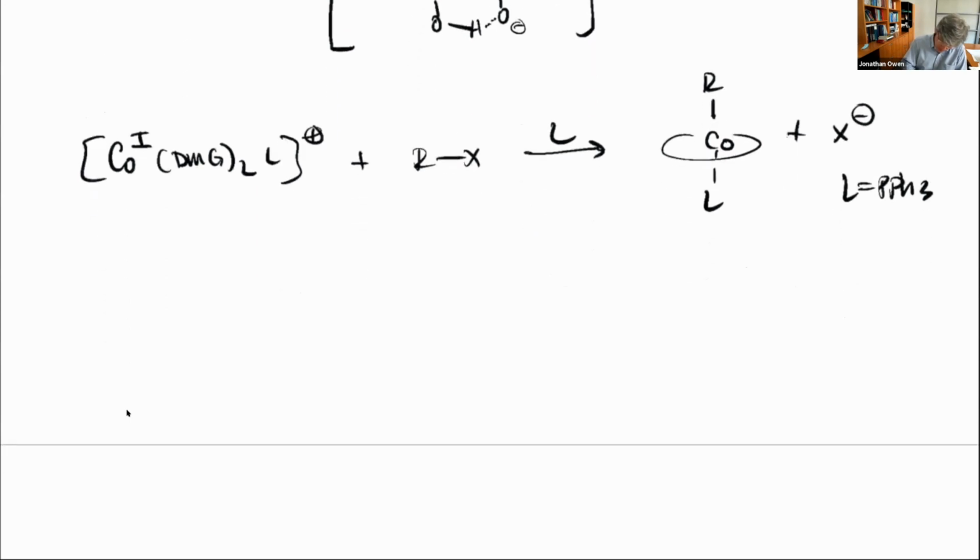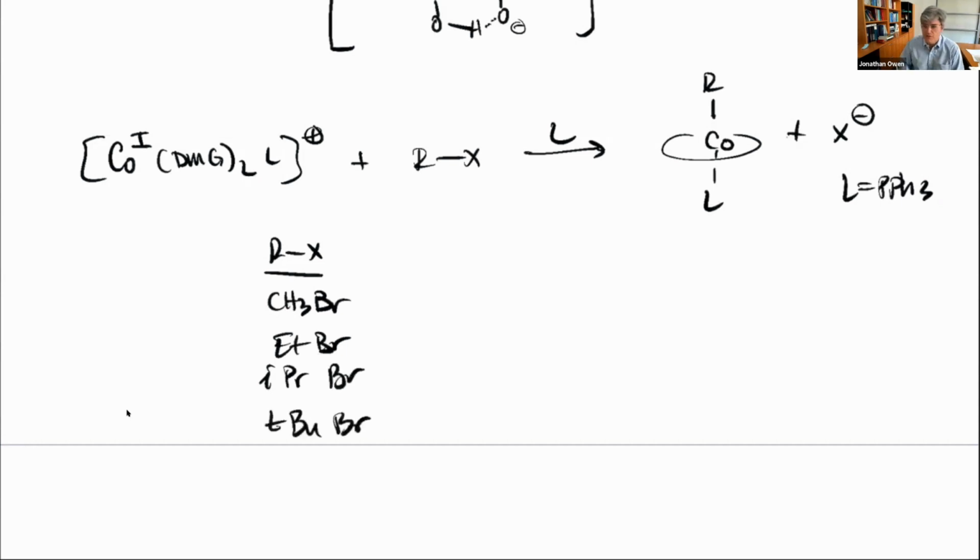found was that he went through and did his patented steric test with a bunch of different alkyl bromides this time: methyl, ethyl, isopropyl, tert-butyl, and he measured the second order rate constant for this reaction.